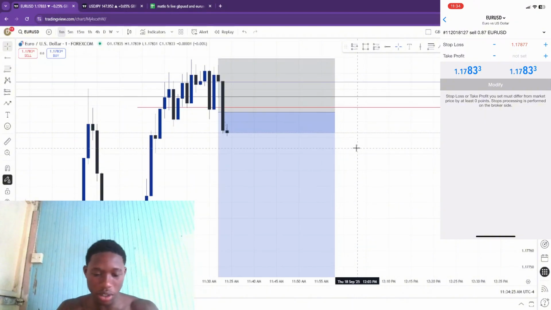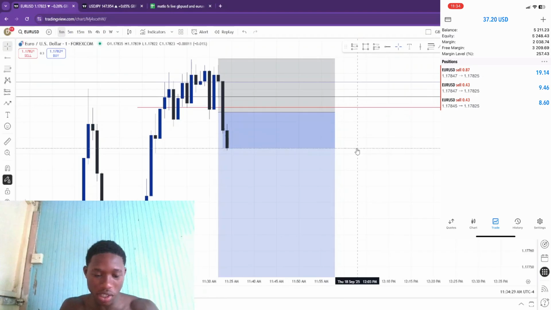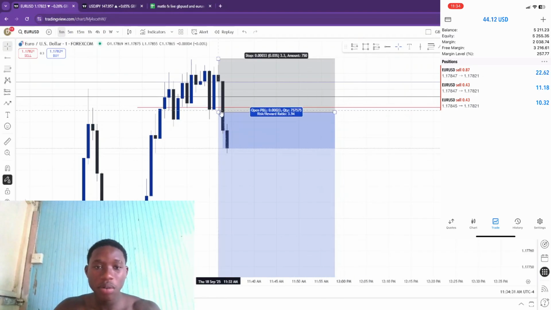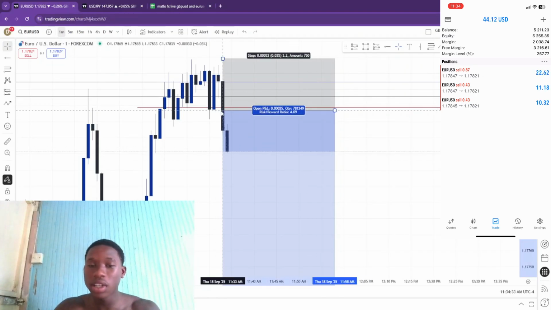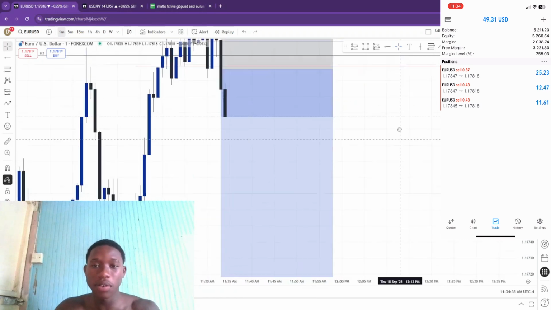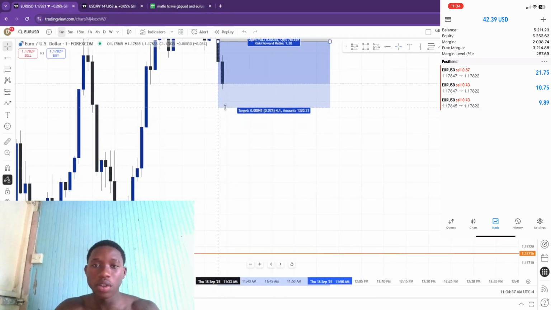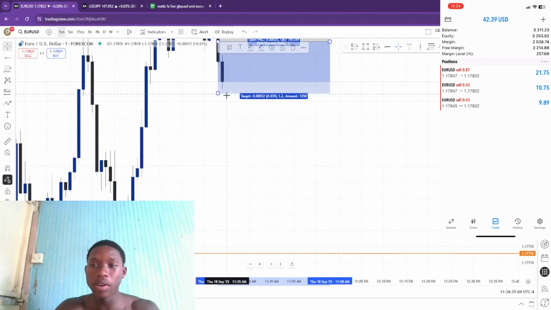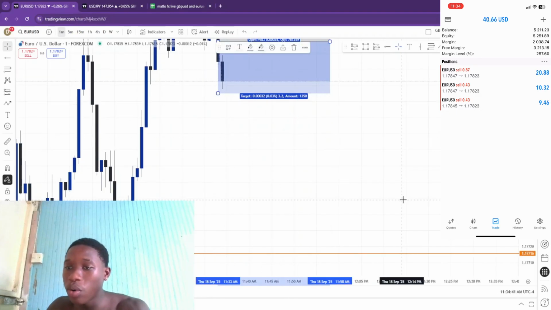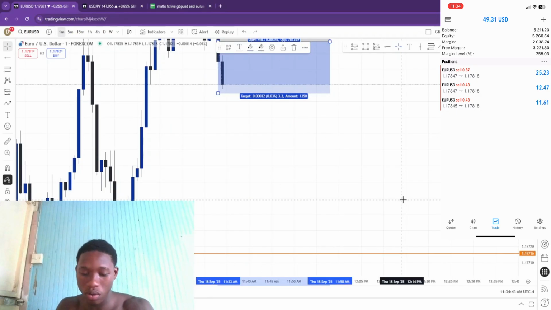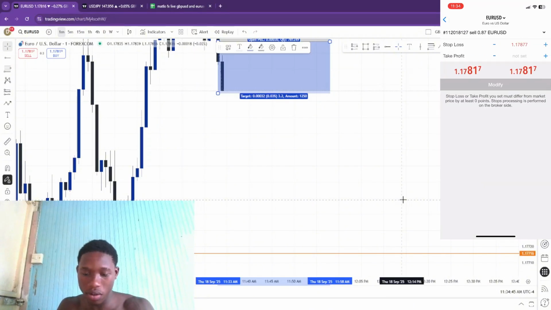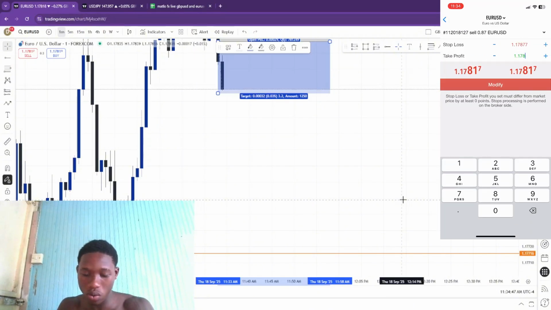Where did I enter that trade? Oh, I entered that trade at 1.17847. So 1 to 1 would be literally right there, 1.17823. Oh fuck, that passed.